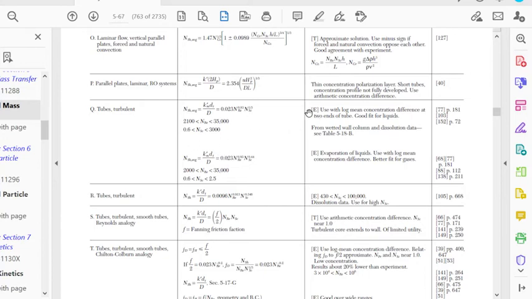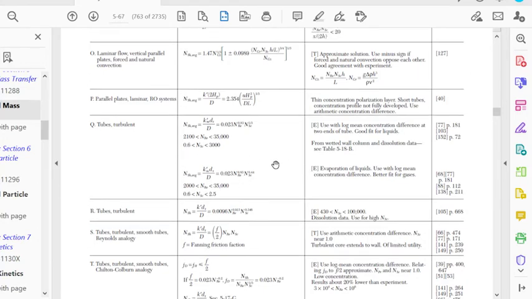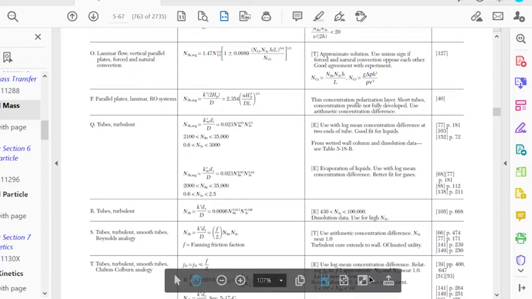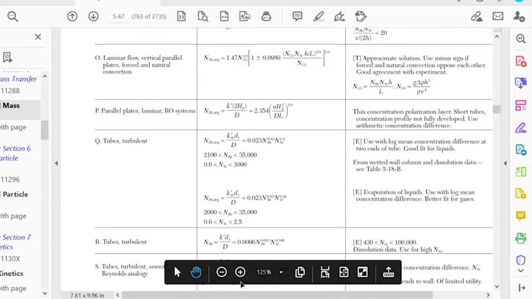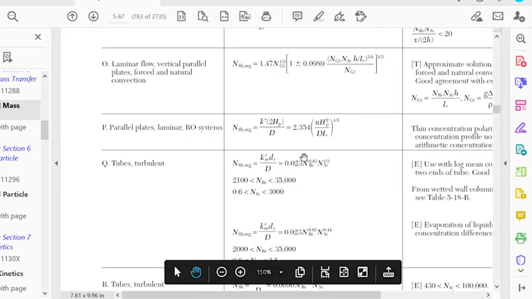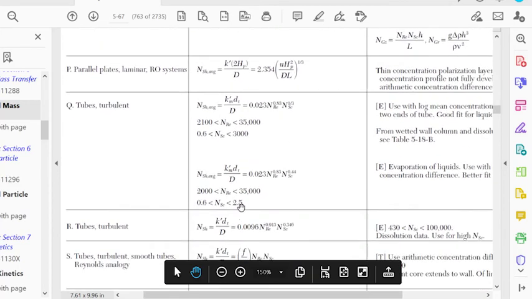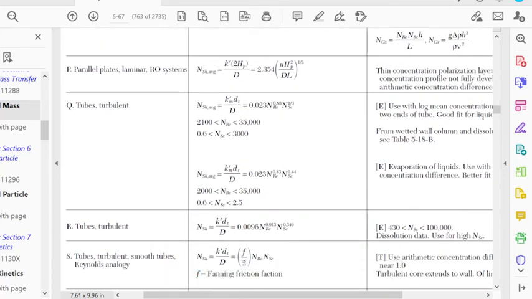If you take a look at the comments, use with log mean concentration difference at two ends of the tube, and this is a good fit for liquids. This second equation here is a better fit for gases. However, the problem is that we have overshot the Schmidt number range: our Schmidt number is 2.62 and the range says it can only be up to 2.5.